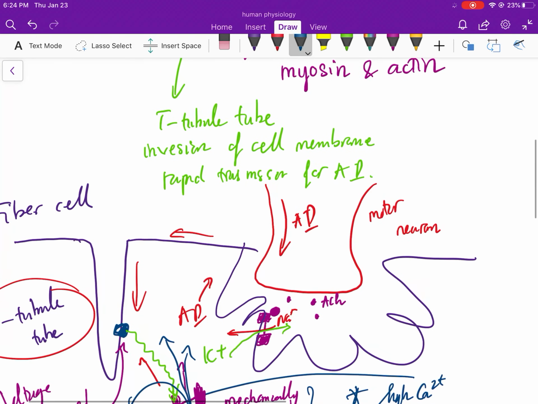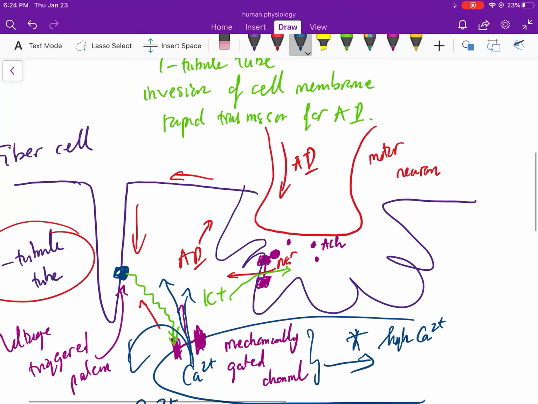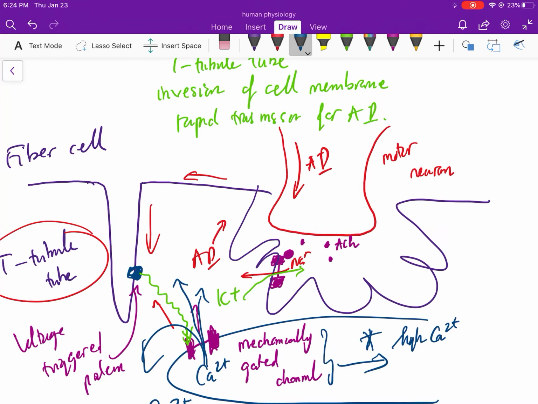and generate the force. So in general, we see that the action potential radiates to the motor neuron, releases acetylcholine, and acetylcholine binds to the nicotinic ligand receptor. From that, the gate opens to create a depolarization.